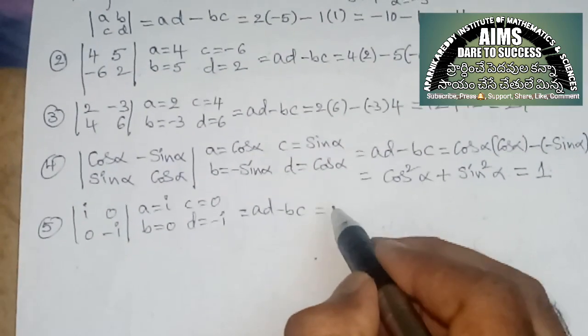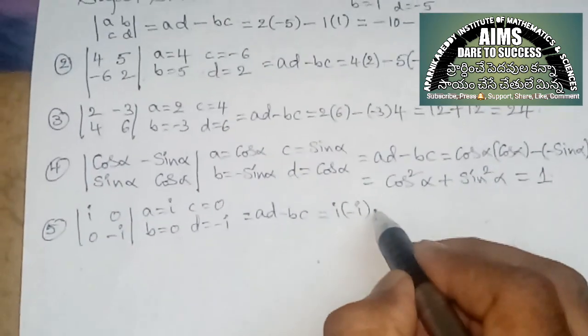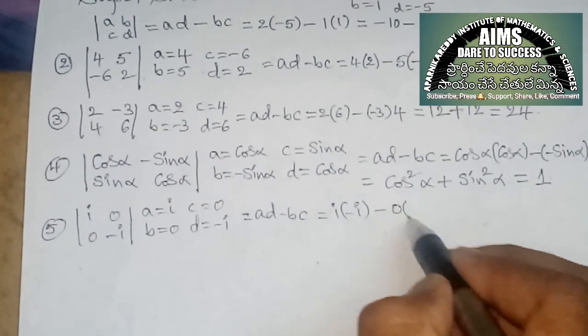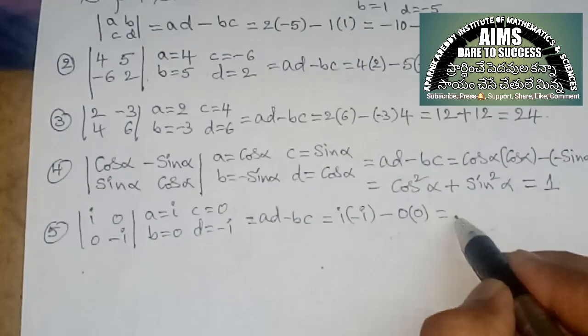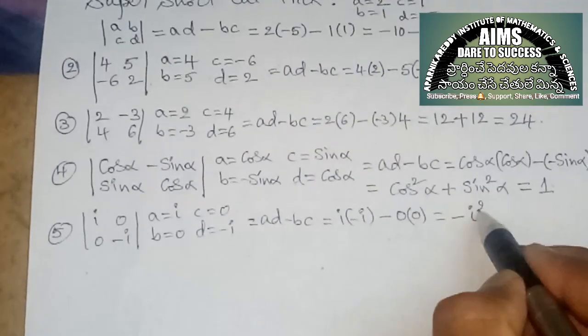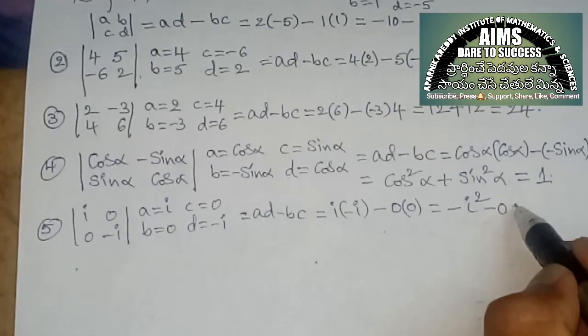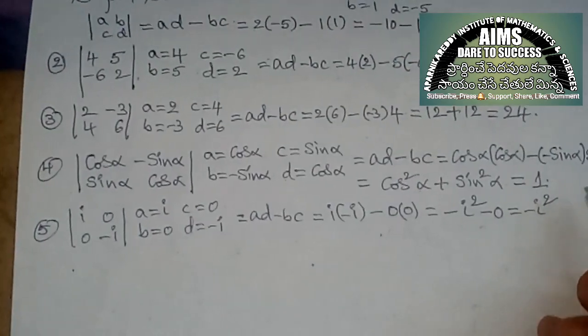Substituting values. A value i into D value minus i, minus B value 0 and C value 0, is equal to plus into minus, i into i, i square. After that minus 0 into 0 is 0. Minus i square minus 0 is minus i square.